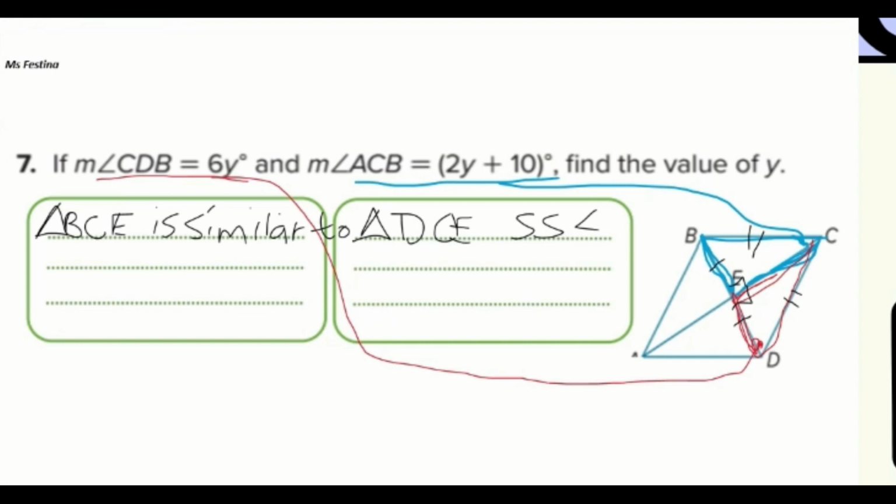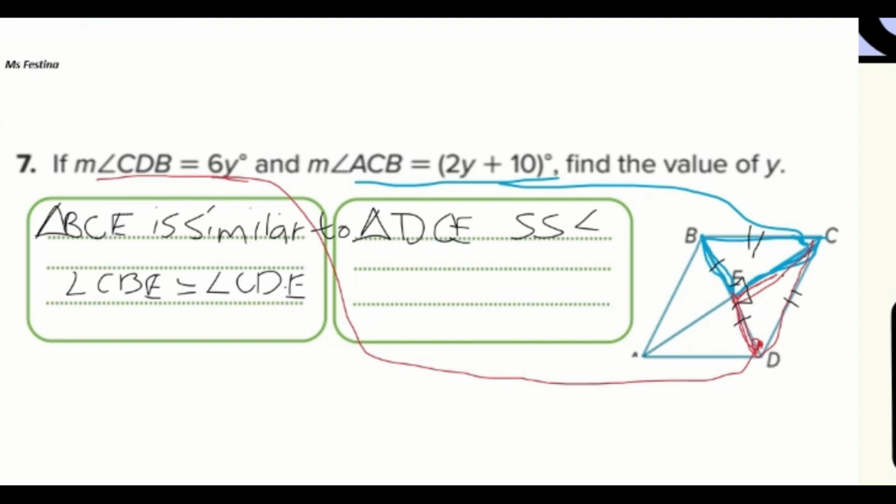And then what we do next, if these are equal, then the other thing that we deduced was that angle CBE will be equal to angle CDE, right? We realized that by using the properties of a rhombus. So you can write the properties of a rhombus.